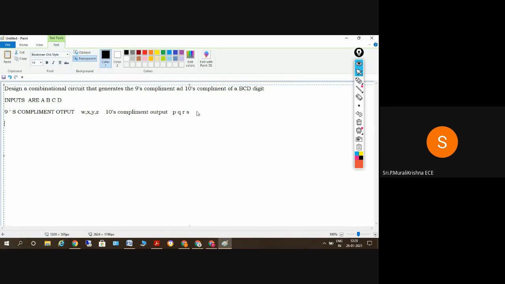So nines complement is nothing but subtracting the input from all nines. Like if it is 0 0 0 0, 9 minus 0 is 9. For 1, it's 9 minus 1, it's 8. Tens complement is nothing but nines complement plus 1. So nines complement plus 1 will give the tens complement. First of all, write the A, B, C, D inputs. The input combinations are from 0 to 9, because it is a BCD value. Above 9, they are taken as don't cares.